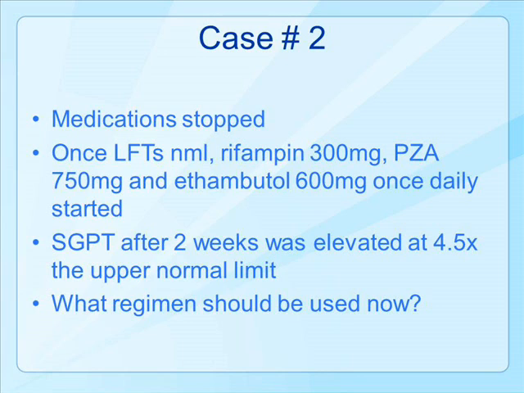Then again, of course, as we would expect, the liver function tests once again were elevated at 4.5 times the upper normal limit. And I guess at this point, the regimen to be used, and I haven't put it in as a polling question, but clearly at this point, what the panel physician wanted to know when consulting the RTMCC is what would be the next approach and what regimen would be appropriate.